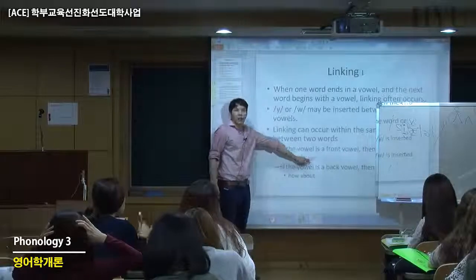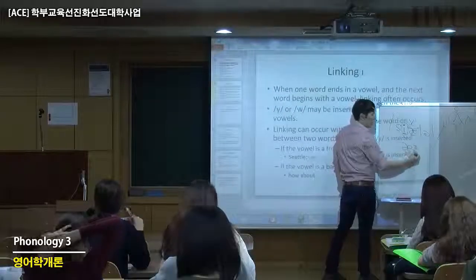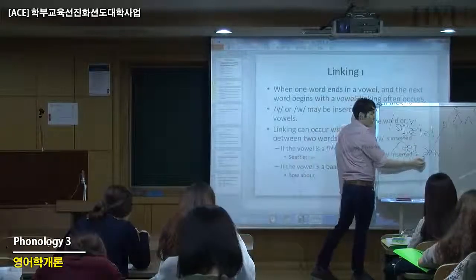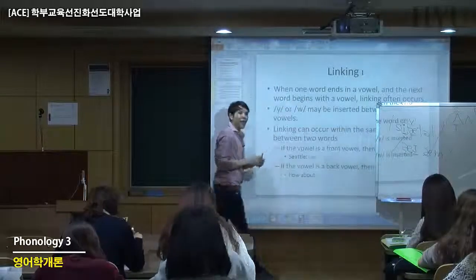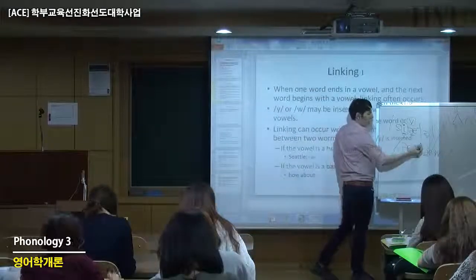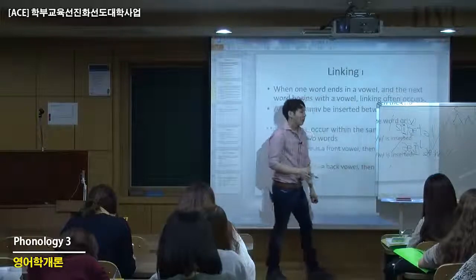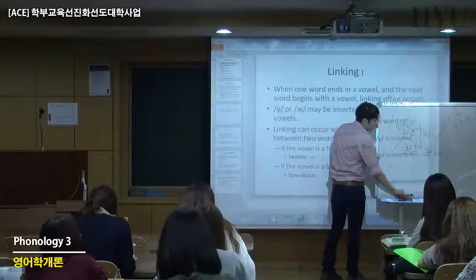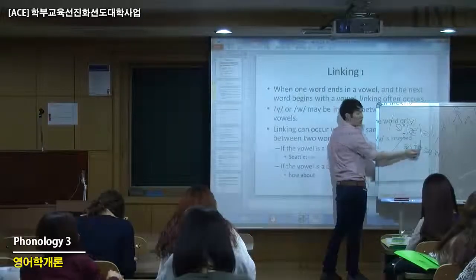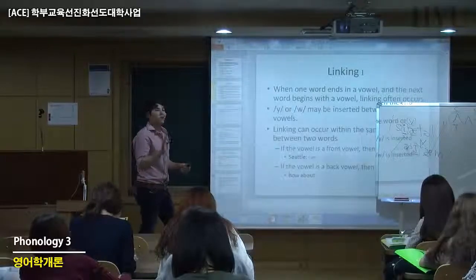Or the phrase I am. So I am, like that, right? We don't like the fact that there are two vowels together. So we need to break that sequence and put in a consonant. Now, which consonant to put in depends on what you have to start with. This is I, so this is a front vowel, so you put in a Y. Y is always a front vowel.